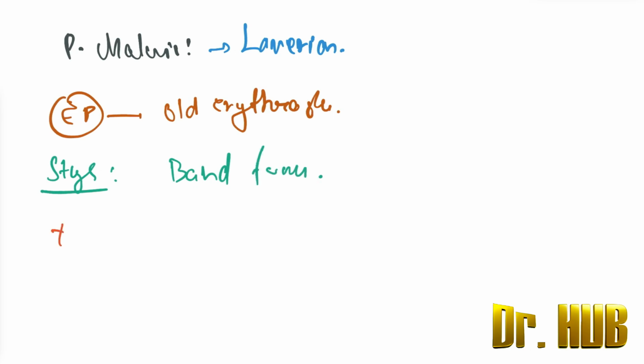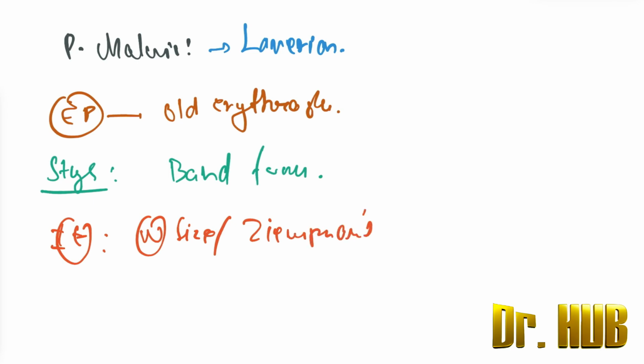And then what about the infected erythrocyte? The infected erythrocyte is normal size, and there is Ziemann's stippling. Next comes the gametocytes. How is the gametocyte?